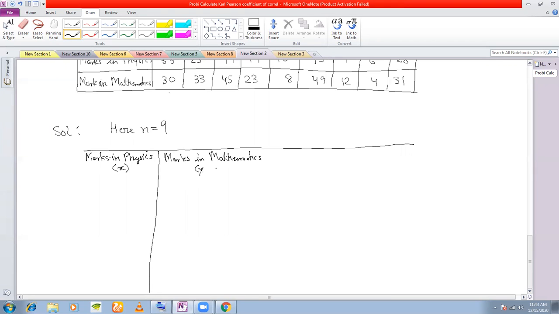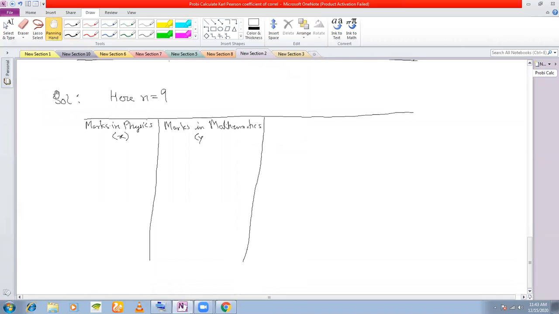Let's call it Y. Next column will be for rank of X. Next column will be for rank of Y. Next column will be for difference of ranks, d.